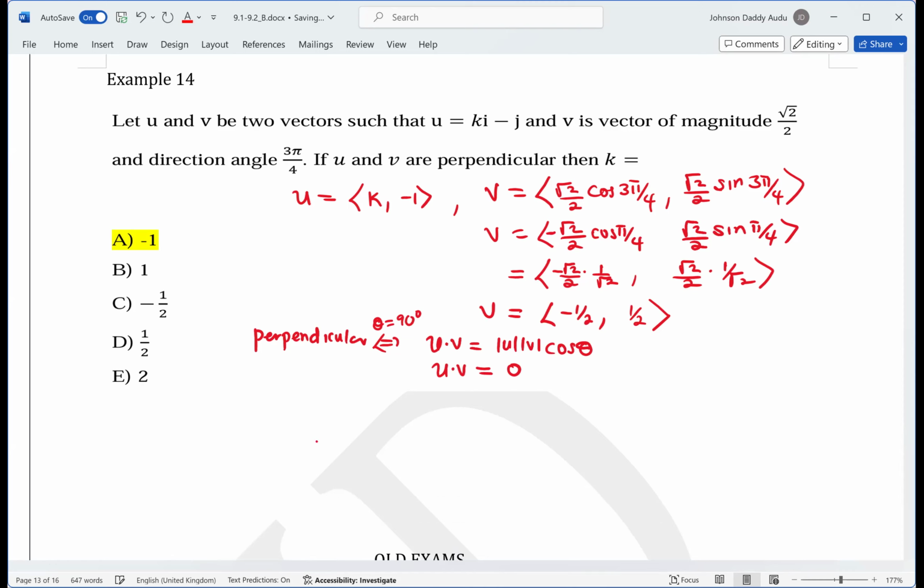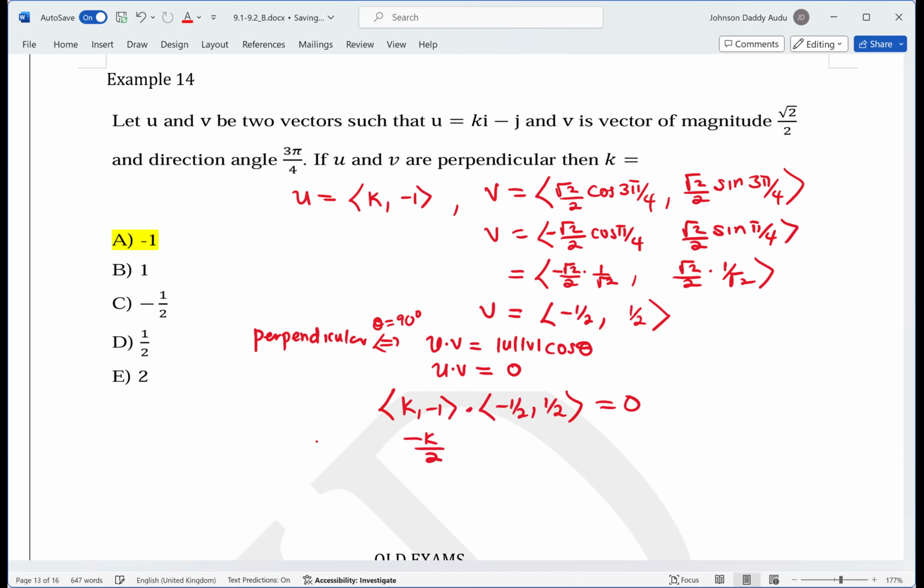So what is U? U is minus half, half. No, this is not U. U is k and minus 1. So k, minus 1 dotted with minus half, half. So this has to be 0. If you multiply, this will be minus k over 2.